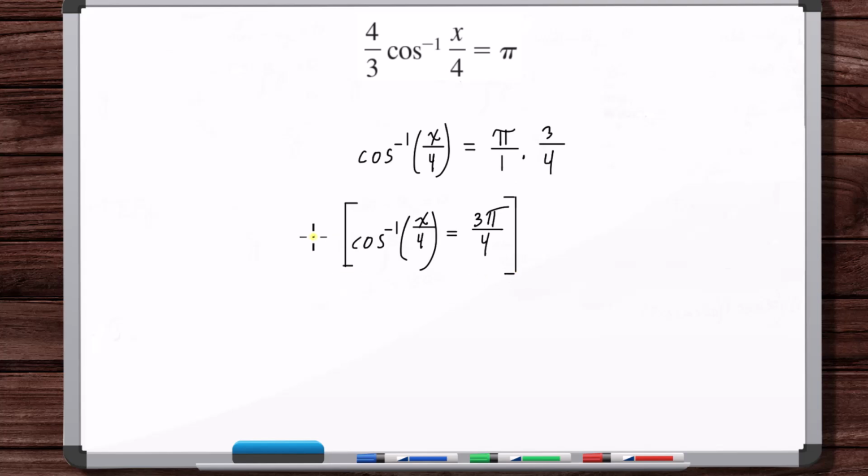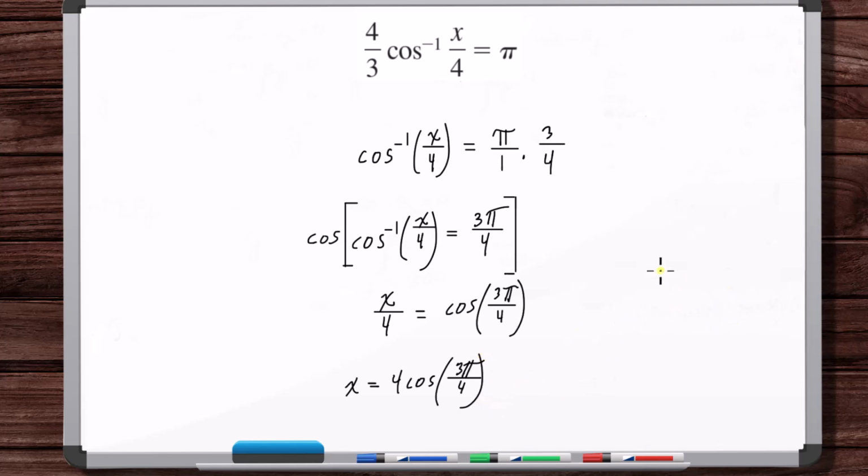Now let's take the cosine of both sides of this. Okay, so x is 4 cosine of 3 pi over 4.